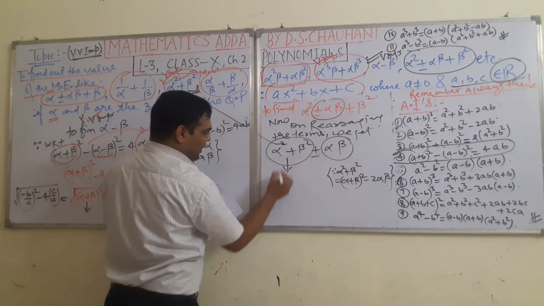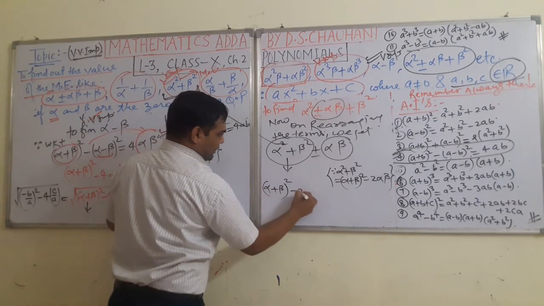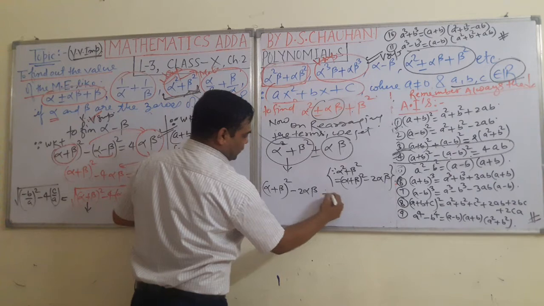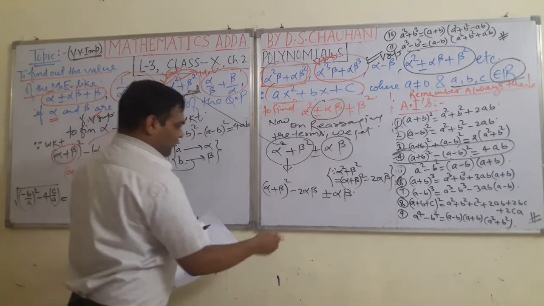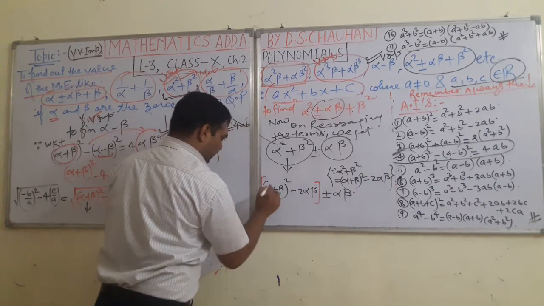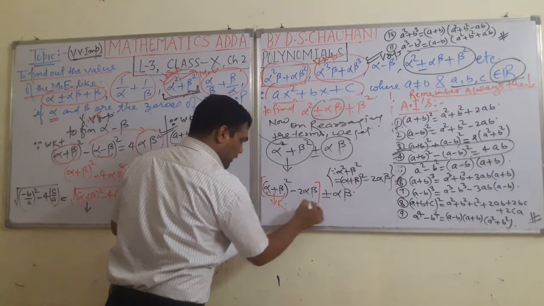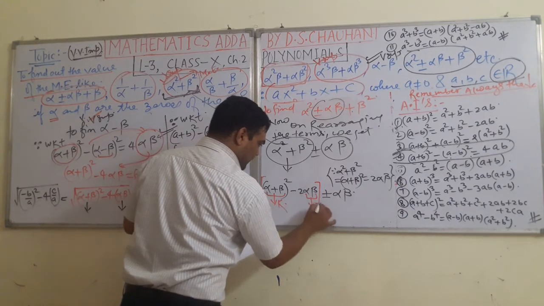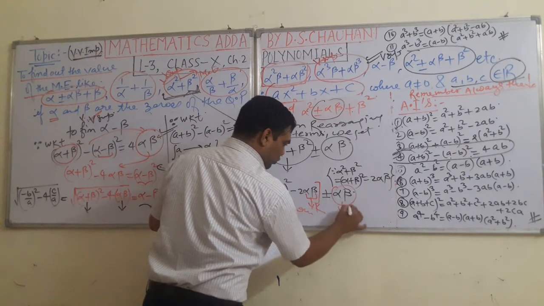So put the values here. What will you get? Alpha plus beta to the whole square minus 2 alpha beta, and this is plus minus alpha beta. Students, all of you know the values of all these unknowns over here. Alpha plus beta is known, alpha beta is known.